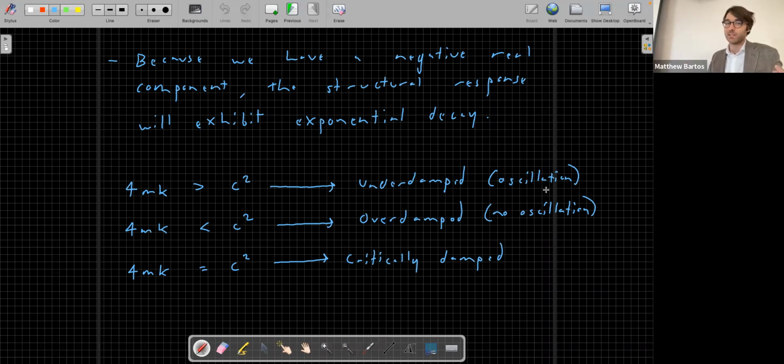But to be clear, all of these cases apply to any system with second order type behavior. So it doesn't matter if you're talking about a chemical system, electrical system, all three of these conditions apply no matter what second order system you're looking at, second order or higher. Okay, so it's not just for structural problems. This is for every LTI system.